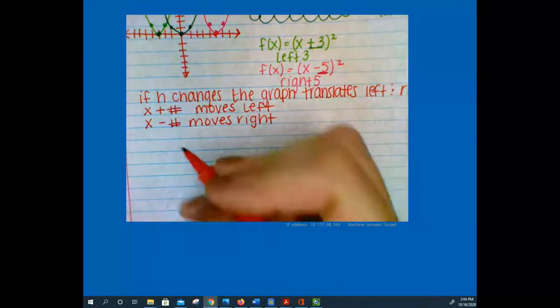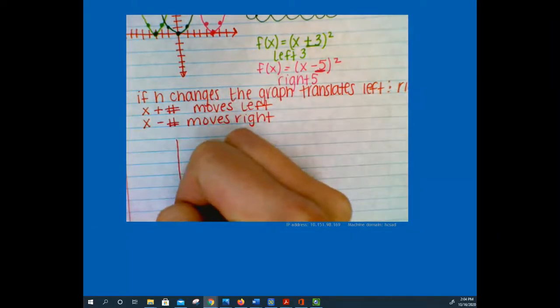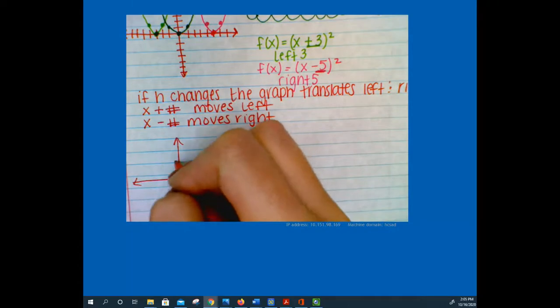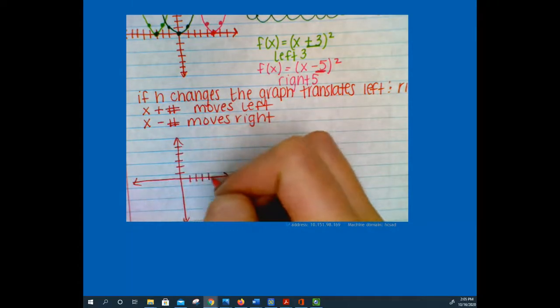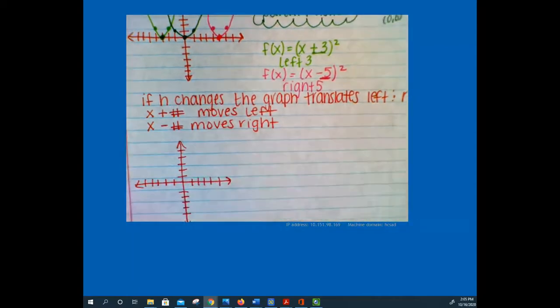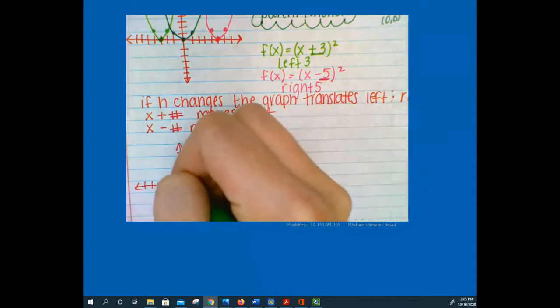The second shift we're going to look at, so you're going to draw another quick graph, is going to have another shift happen. I'm sure some of you are already thinking about the possibilities. So let's graph that parent function again.